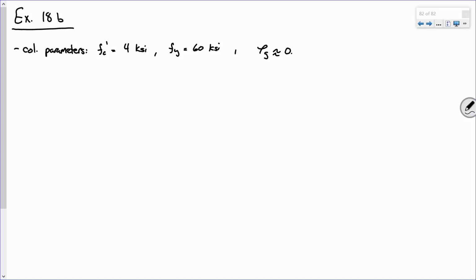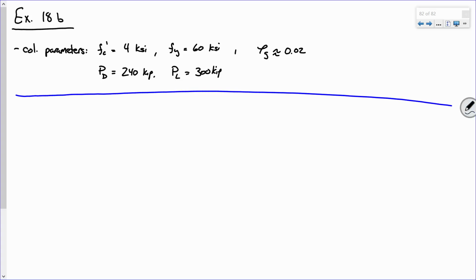There you go, 0.02. You both got it. Yeah, we're assuming 2% steel to start out with, okay? A dead load, 240 kips. A live load of 300 kips. And that's what we got.